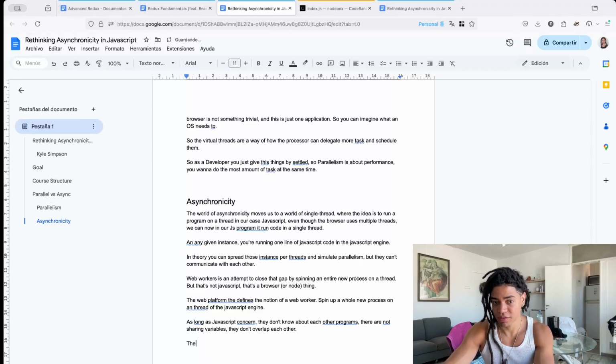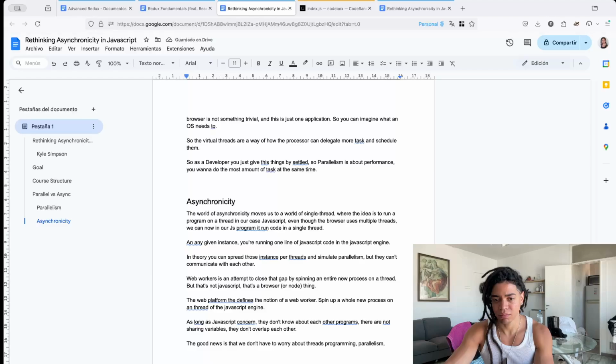So the good news is that we don't have to worry about thread programming and parallelism.